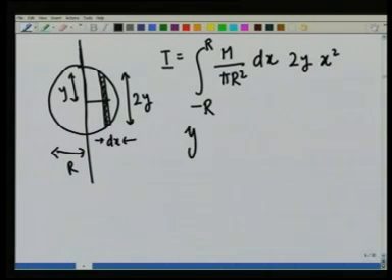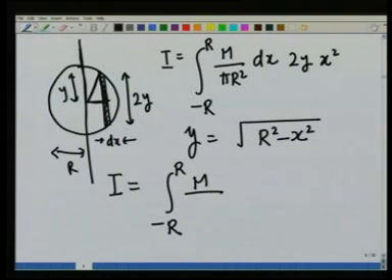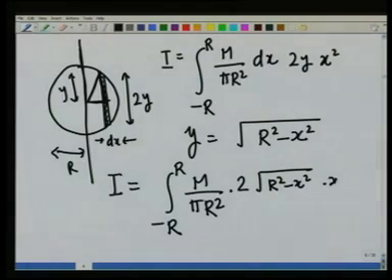Y is, you can see from this right angle triangle, going to be equal to square root of r square minus x square, and therefore, the moment of inertia about one of the diameters is going to be integral from minus r to r m over pi r square times 2 y, which is square root of r square minus x square, times x square dx.